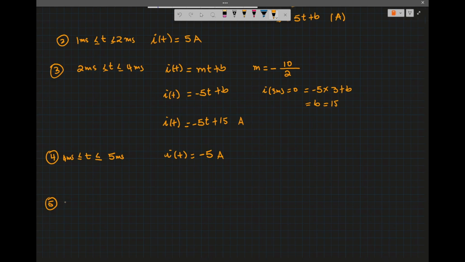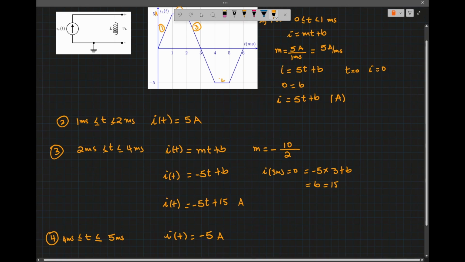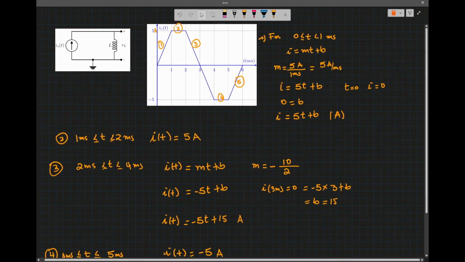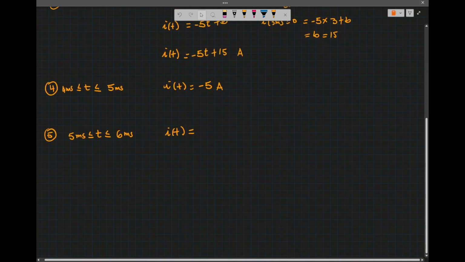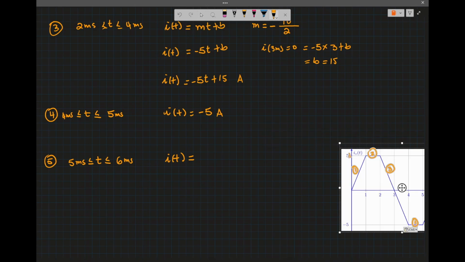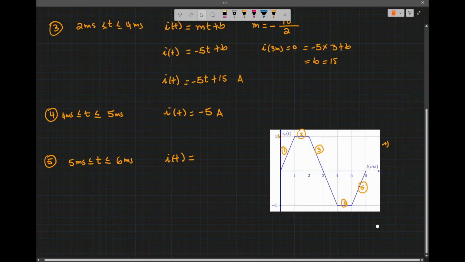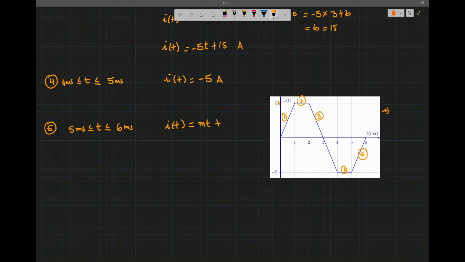So I have 5 milliseconds less than or equal to t less than or equal to 6 milliseconds. For that section, it's also mt plus b.